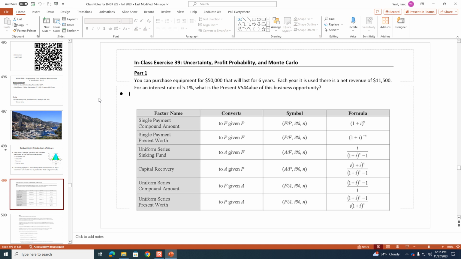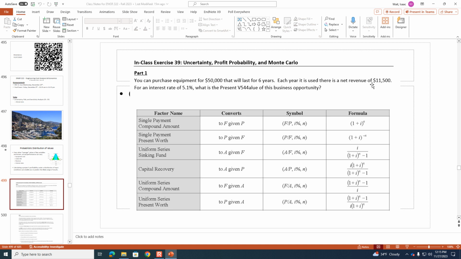Okay, so that would be our expected present value of the business opportunity if it's exactly $50,000 that the equipment is going to cost, and it lasts for 6 years, and it has this annual net revenue of $11,500.